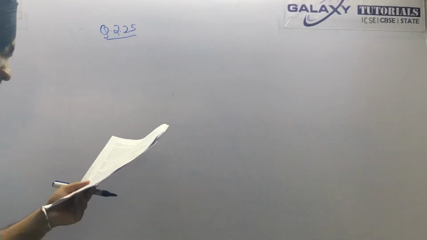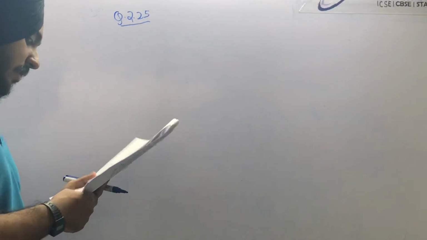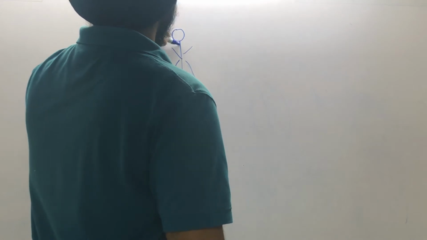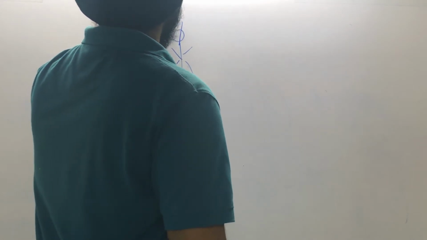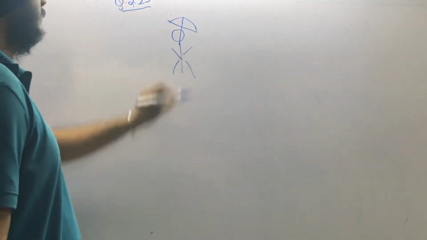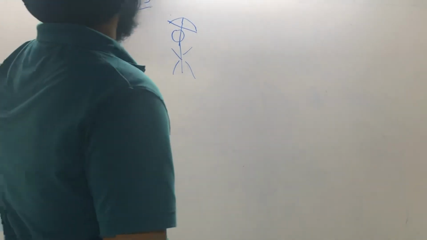Okay, the question is: a man is walking in rain with speed v. There is a man, and he has an umbrella, and he is walking in rain.